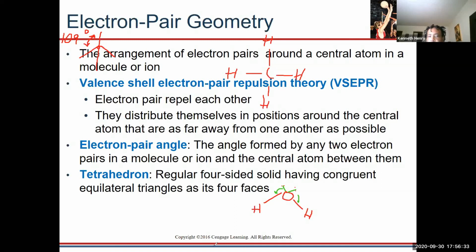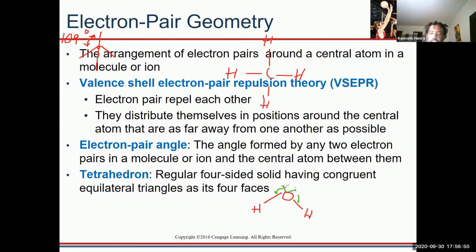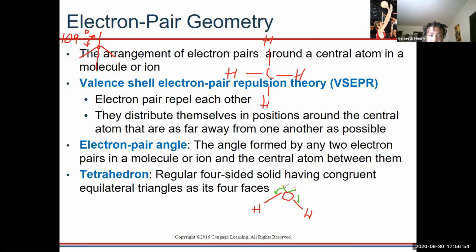Okay, so the way that we determine our geometry is by the number of attachments that we have. When we're talking about electron pair geometry, each electron pair counts like an attachment.